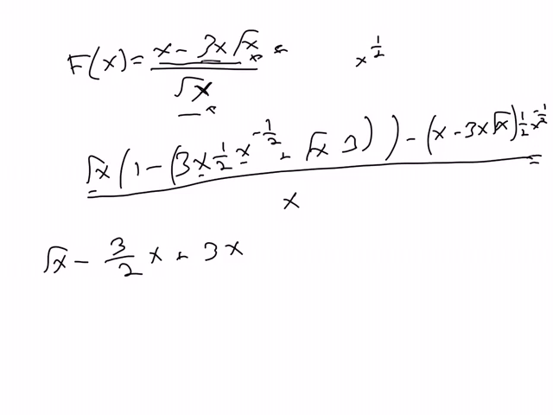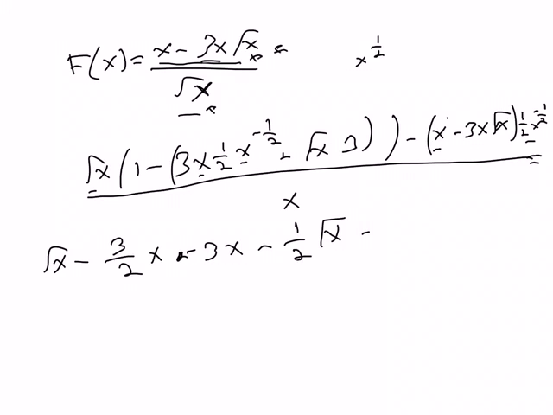And then there's a minus here, and then this x multiplied with this gives me a half, and then we're going to get x times the square root of x, because this is 1 and this is a half, so when we add them we get a half.